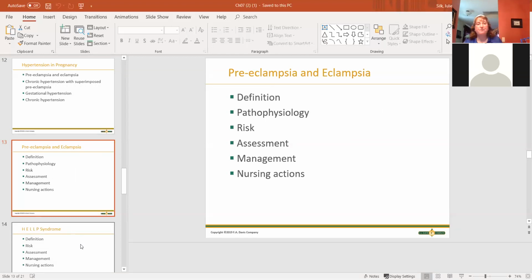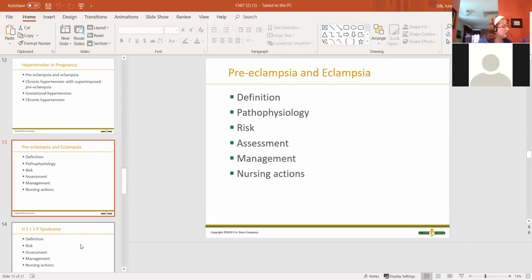All right. So we already defined preeclampsia a little bit here. So let's talk about some of the other things that go with it. So we said risk factors. Let's talk about that.